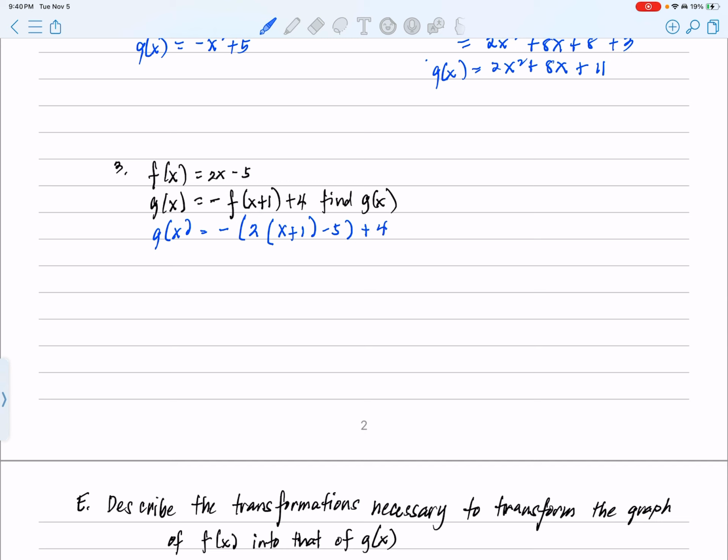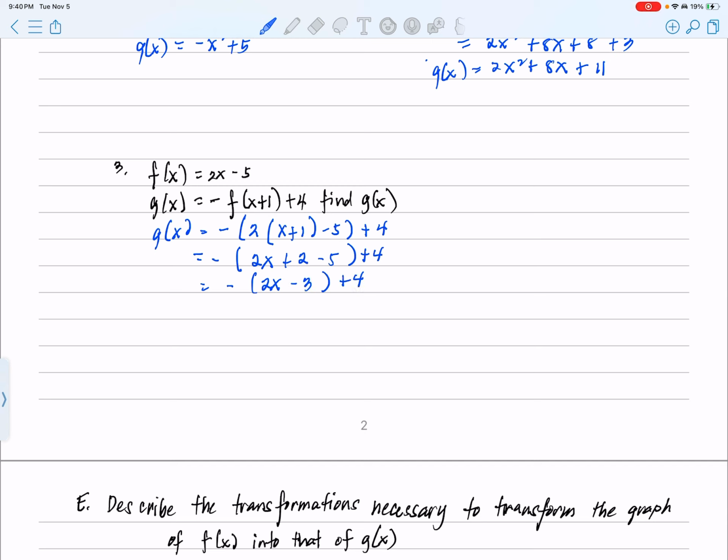Let's simplify. 2 times x, that's 2x. 2 times 1, that's 2, minus 5, plus 4. So negative 2x minus 3 plus 4.